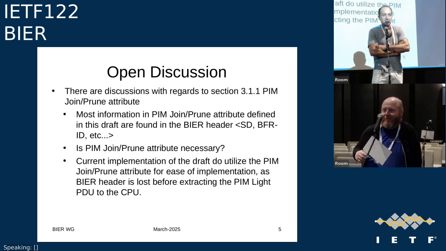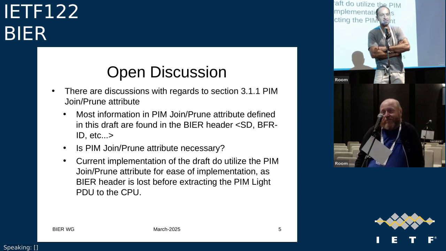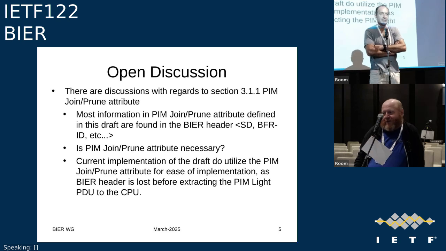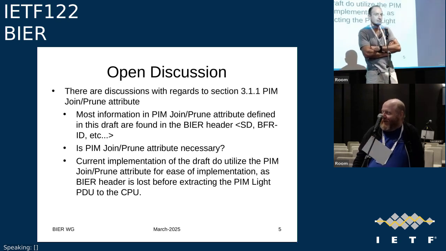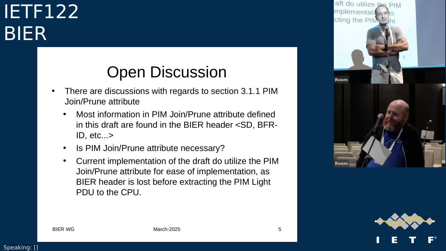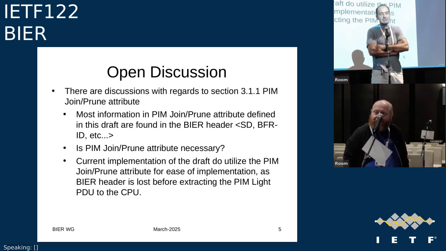Well, to that point, in PIM Lite, for the security part, we said that you can authenticate PIM Lite via the IPsec AH header. Yeah, so same as PIM. So if you can trust the contents of the join, like the S,G and so on, then you could trust this part as well, I would say.